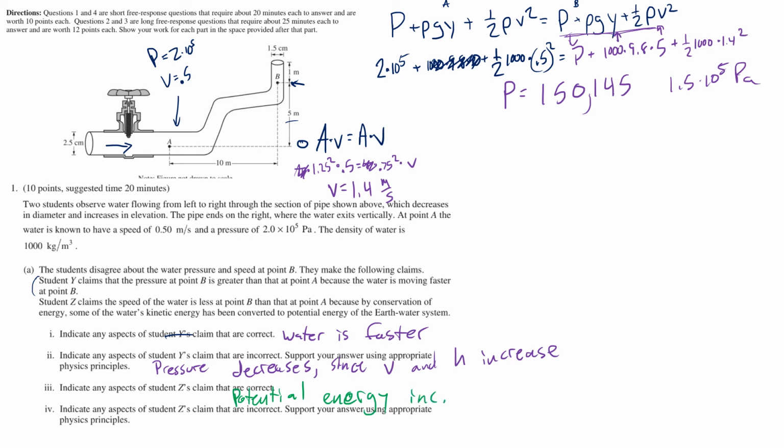Ta-da, definitely. Indicate any that are incorrect. Well, they're incorrect because the speed is more. The water is faster because the area decreased, so the speed is going to increase, right? Because the flow rate has to stay the same. Ta-da.